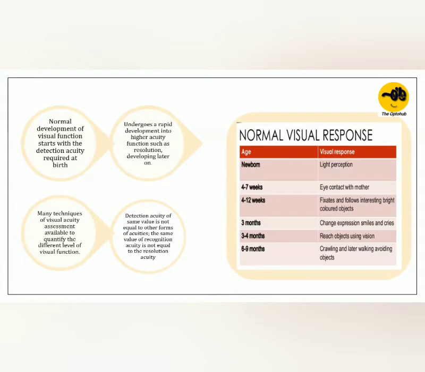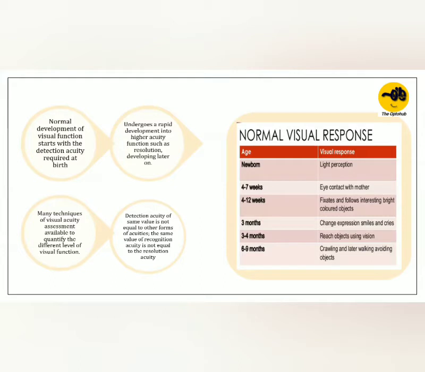And then there are many techniques of visual acuity assessment available to quantify the different levels of visual function. But that is not necessary कि जो detection acuity में हमारी vision आ रही है, that is the same in resolution acuity. ठीक है.